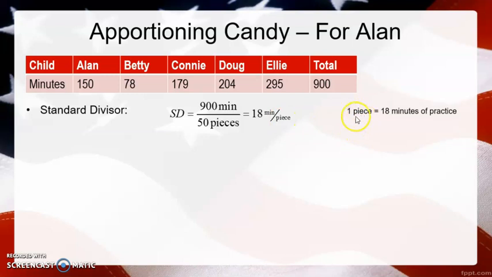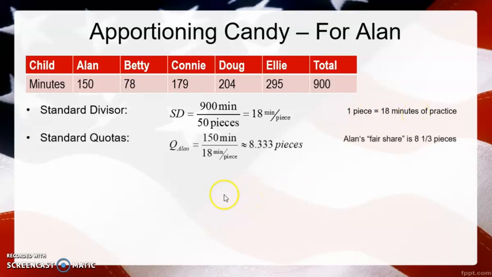So in other words, a child should receive 1 piece of candy for every 18 minutes that they practiced.